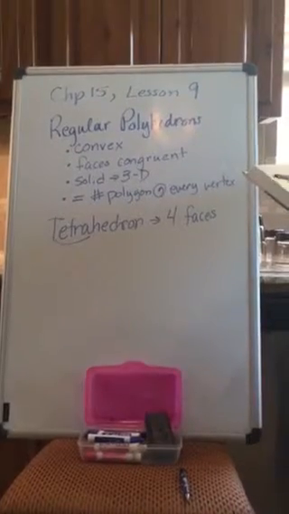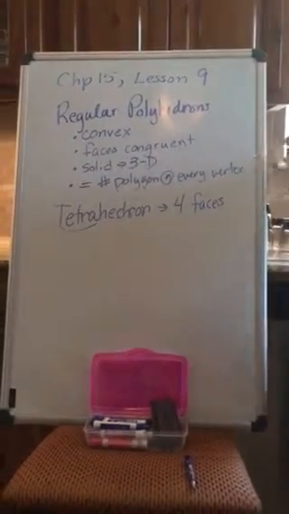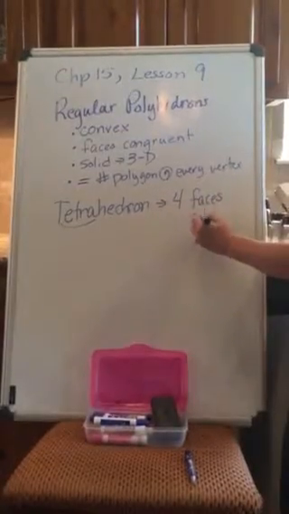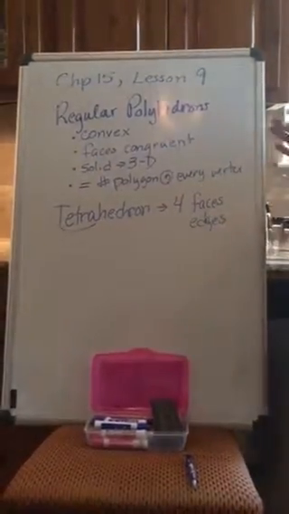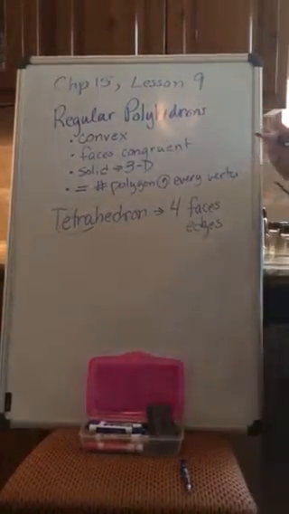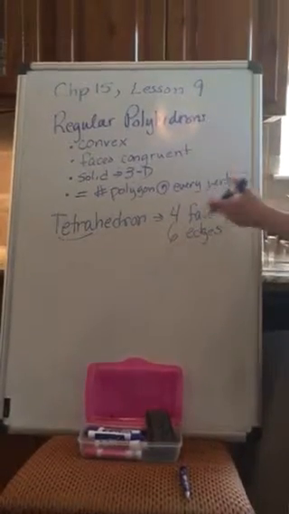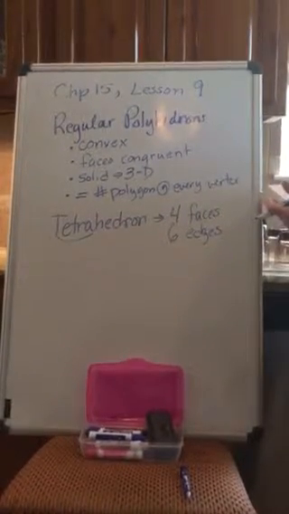So it has 4 faces, and it also has edges. Edges are where 2 of the planes meet, right? So it has 6 edges. That's where the faces, or planes, meet.